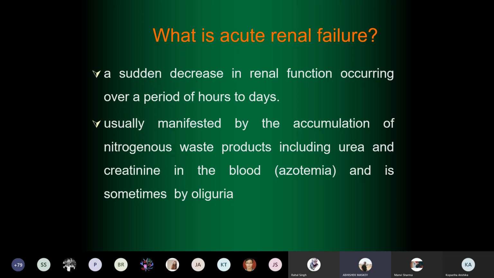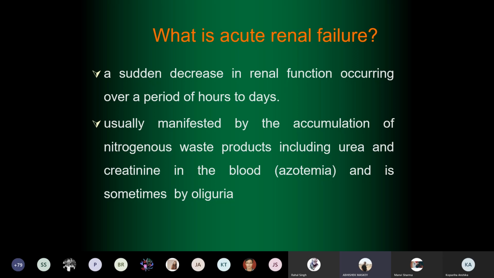So within hours, the patient will come to us with a history of wasp bite, and the patient is not able to pass urine, and all the features of renal failure will be there, and we have to do dialysis for a few days, a few weeks.